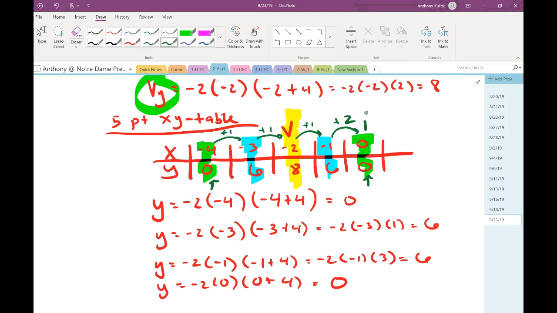Elena? So I had this one as my middle, and I would prefer to deal with whole numbers rather than fractions. So I just picked the nearest whole numbers to -2. The closest ones left of it were -3 and -4, and the closest ones to the right of it were -1 and 0.